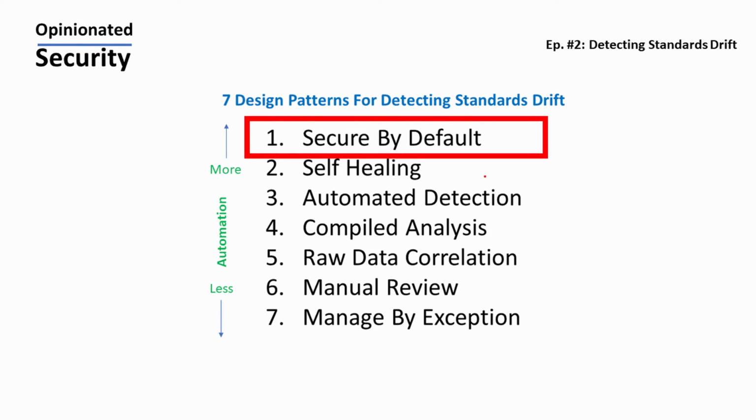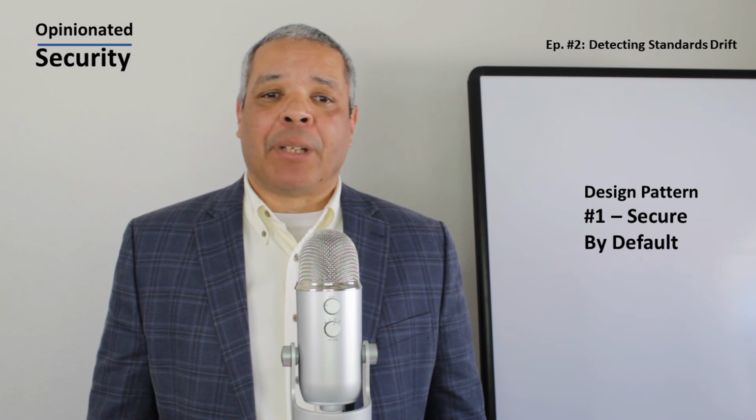Design pattern number 1, and probably my favorite of all of them, is secure by default. And this design pattern is effective because essentially all of the security friction is abstracted away from the user, because the user simply can't perform tasks that are insecure or that cause drift from standards.